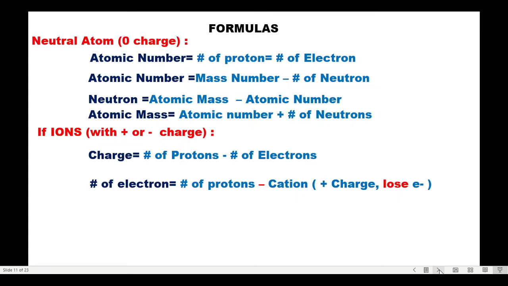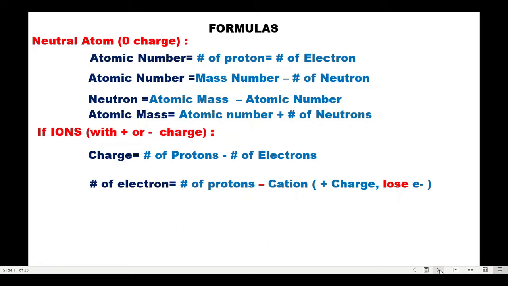So, ito gagawin nyo. Electron is equal to protons minus cation. Cation is positive charge. So, pag may nakita kayong cation, positive ang charge nun, pero kung hinahanap mo yung electron, si proton ay ima-minus mo kay cation, kahit na positive yung charge niya.